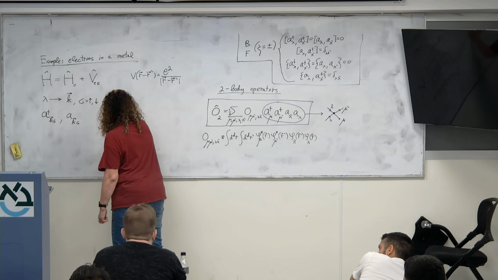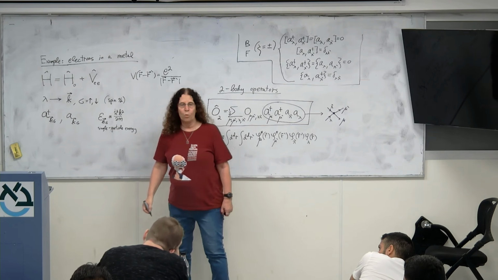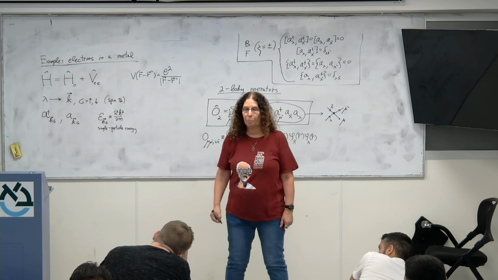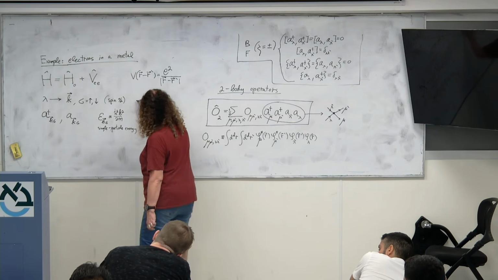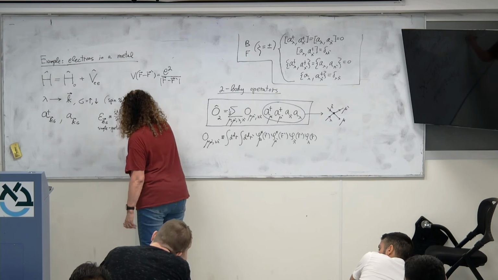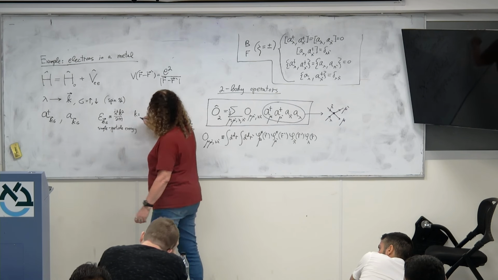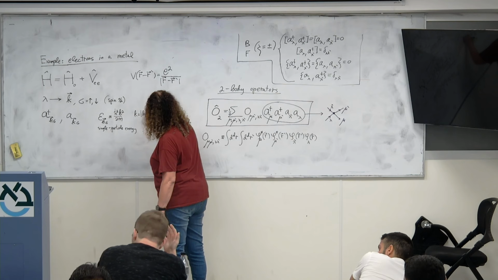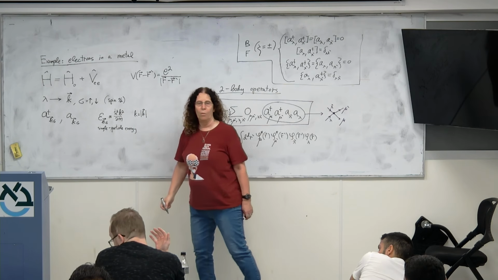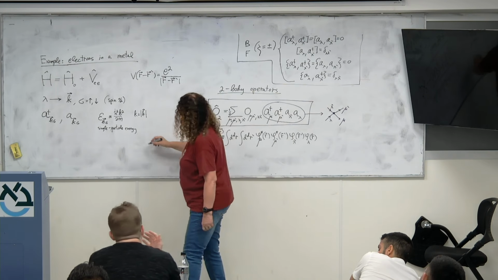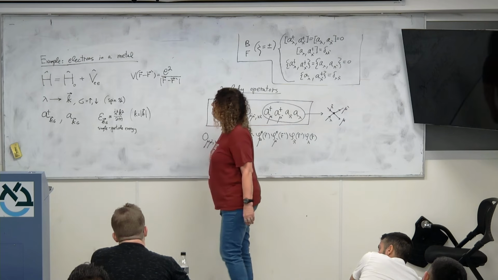It's just given by the usual kinetic energy, right? You're familiar with this, and our convention will be that k without a vector sign is just the absolute value of the k vector. Let's keep this as a convention.